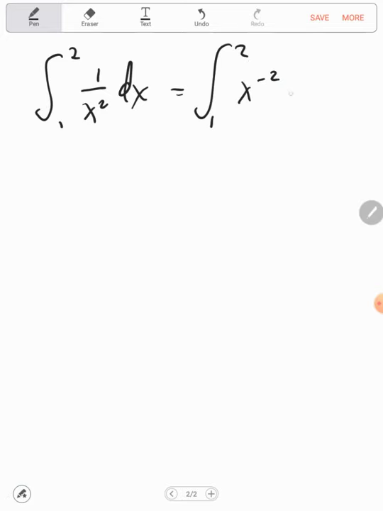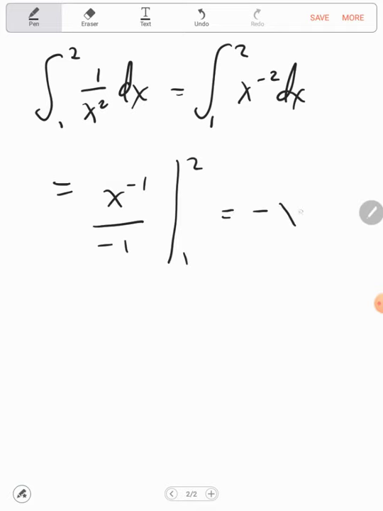Therefore, the integral of this function from 1 to 2, what is that area? Y is 1 over x squared dx. So this is just the integral from 1 to 2 of x to the power minus 2 dx. Thus when we integrate, add 1 to the power, we have x to the minus 1 over minus 1, with limits 1 to 2.